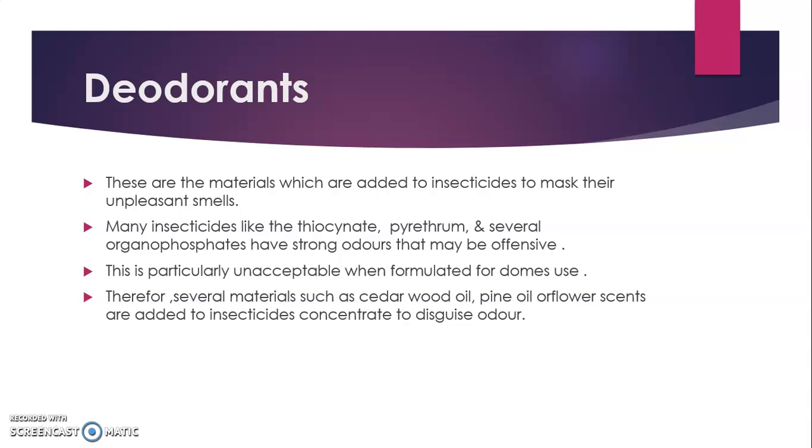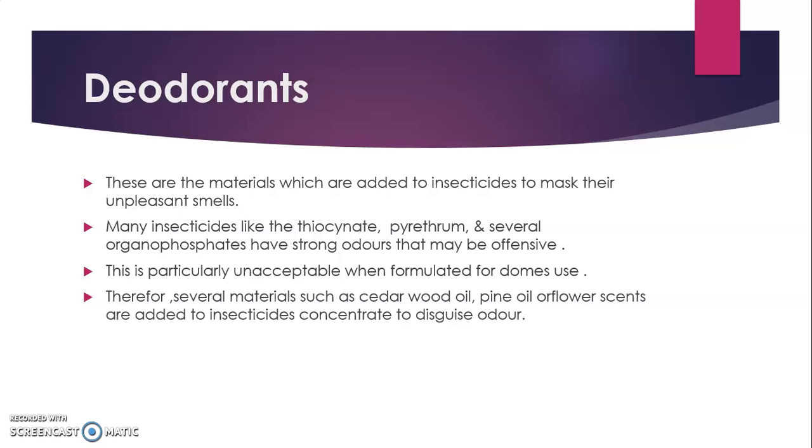The last part is the deodorants. These are the materials which are added to insecticide to mask their unpleasant smells. Many insecticides like the thiocyanates, pyrethrum, and several organophosphates have strong odors that may be offensive.